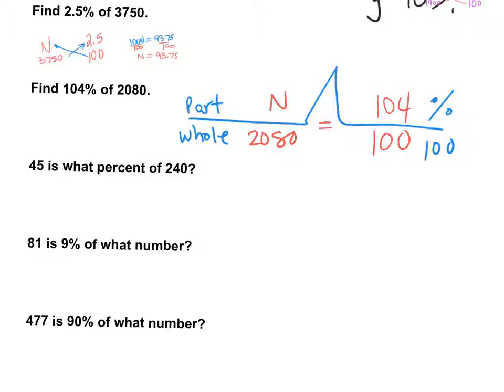And then when you cross multiply, you get 216320 is equal to 100n. And then when we divide by 100, you get that the answer to this question is 2163.20.